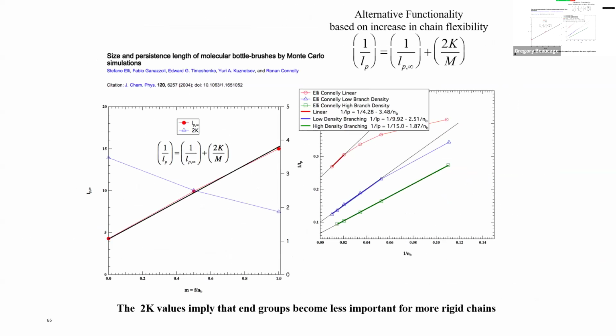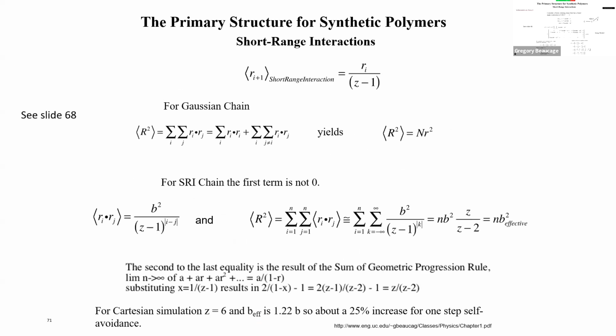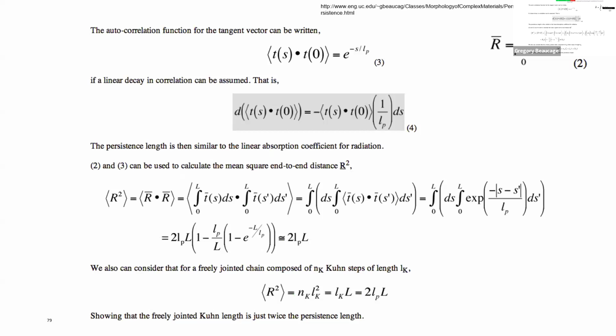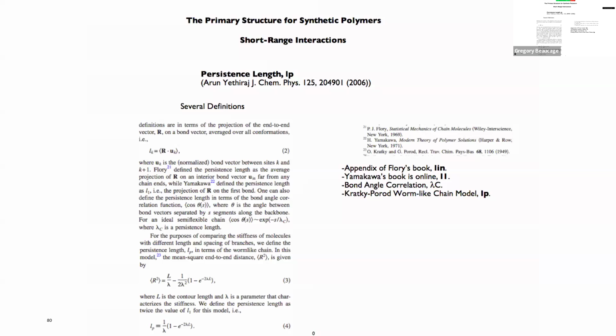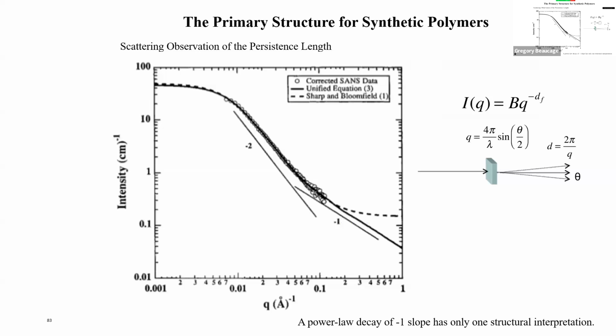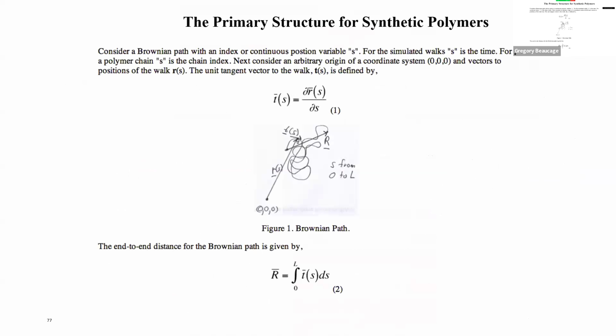And the standard way to derive this is from the appendix to some book. What book is this in? Too bad I didn't write it here. Oh, Strobel. So this is at the end of the Strobel book, which is online, Gert Strobel. I think it's in chapter 2, in the appendix of a scattering book.